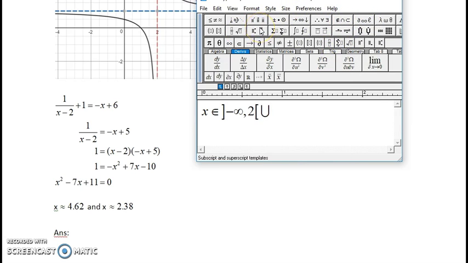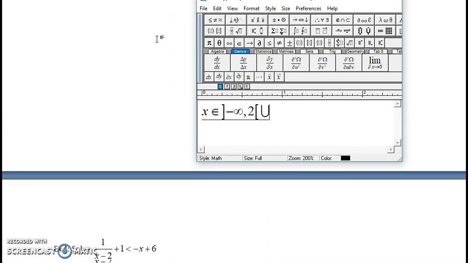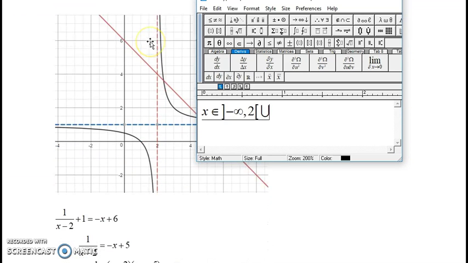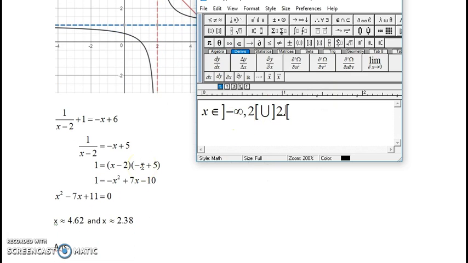That other point was intersection point to intersection point, and because we were looking for where the function was strictly less than, I won't include either point. I'll say from 2.38 to 4.62, both excluded.